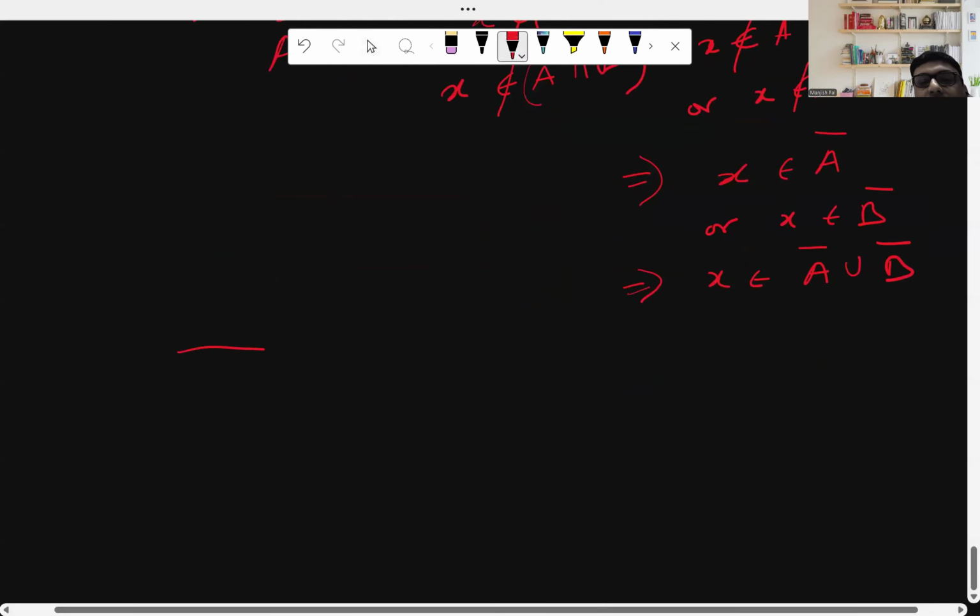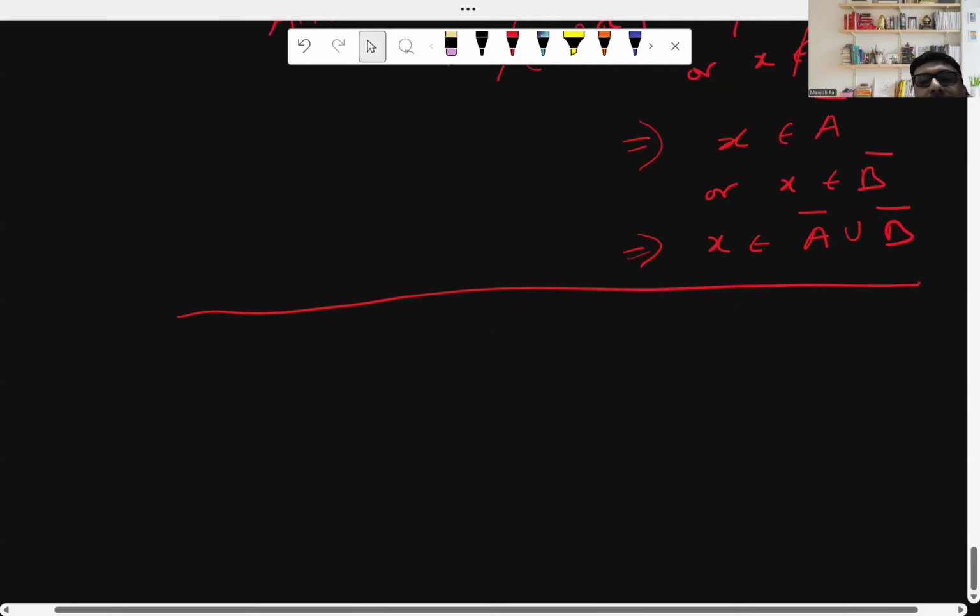So this is a notational proof of the second De Morgan's law.